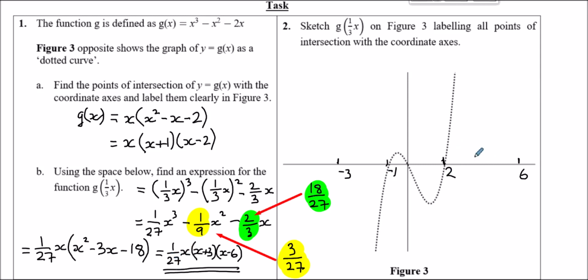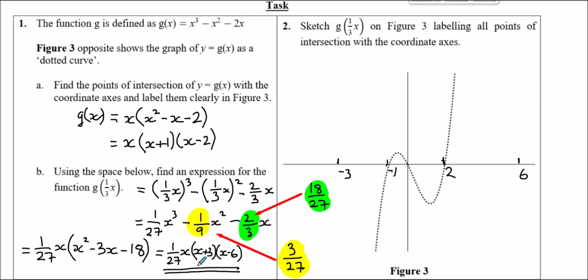So if the roots are being multiplied by 3, because it's cubic, it's going to be affected by that factor cubed. 3 cubed is 27. So to correct for it not being blown up by a factor of 27 in the y direction, this 1 over 27 corrects it. So this 1 over 27 eliminates the 3 cubed factor I just mentioned, so that it's not a stretch in the y direction at all.